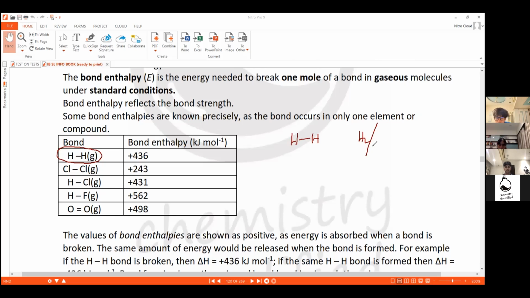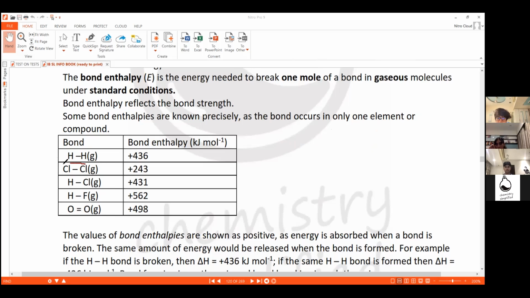So that's it. You will not have this bond in any other molecule in the entire universe. Why? Because when hydrogen is bonded to another hydrogen, can each hydrogen bond to anything else? No, that's it.